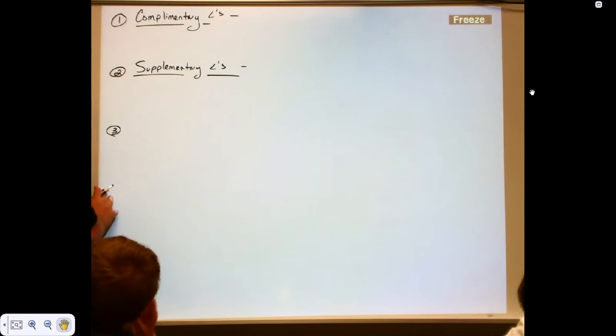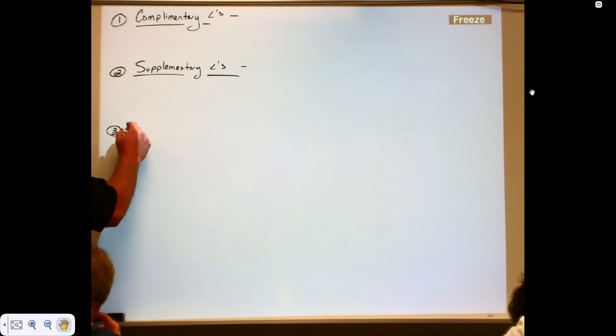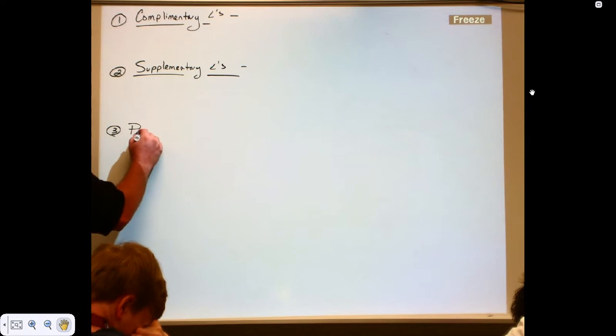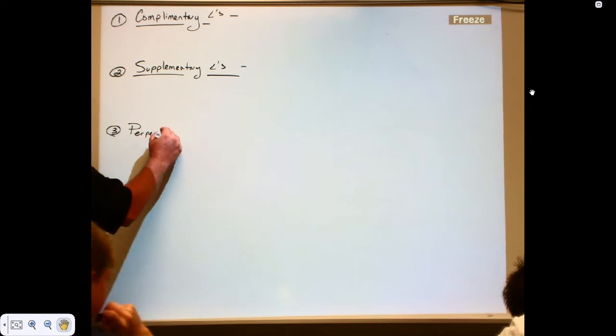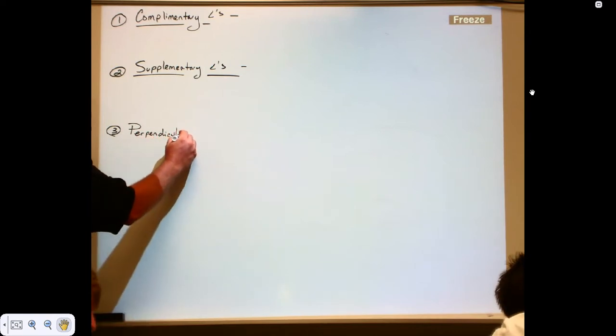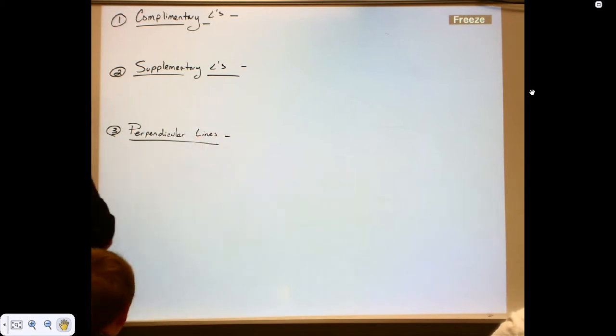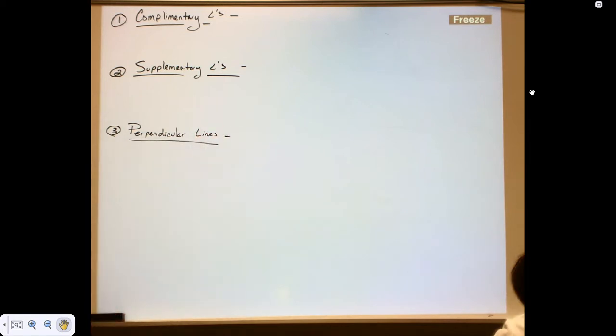And the third one isn't actually angles, but it's the angles created that are important: perpendicular lines. Okay, leave space, of course, to write which ones if you're writing right now.